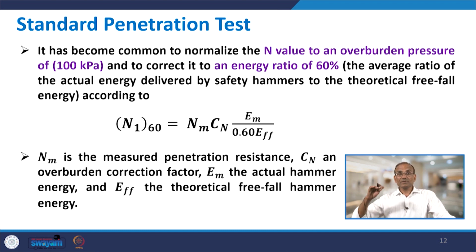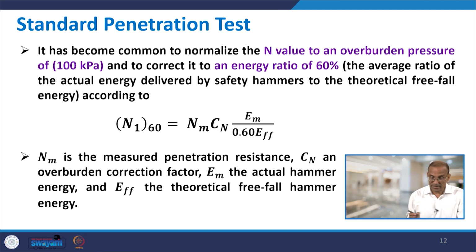So, we normalize the overburden pressure to 100 kPa, which is roughly 1 bar, and then we apply a correction for an energy ratio of 60%. What is this ratio? It is the average ratio of the actual energy delivered by safety hammers to the theoretical free fall energy. So, you have the actual energy and the free fall energy.